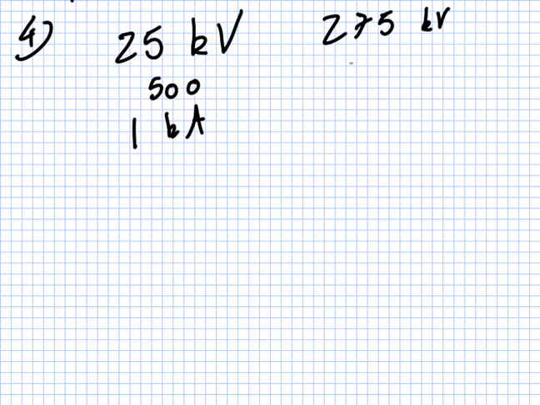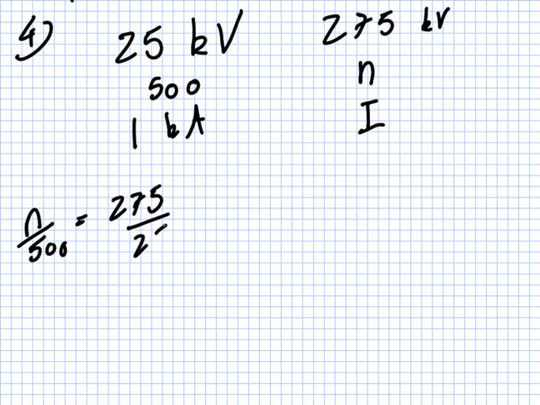What is the number of turns here and what is the current here? Right, so firstly, N over 500 equals 275 kilo over 25 kilo. So the kilos cancel. 275 divided by 25 times 500. 5,500?